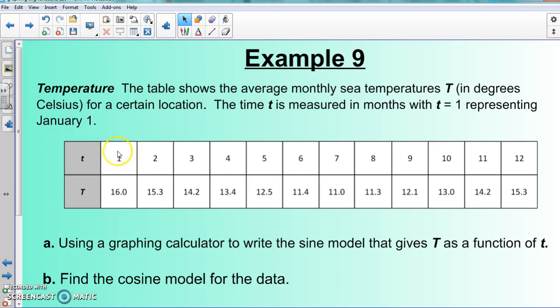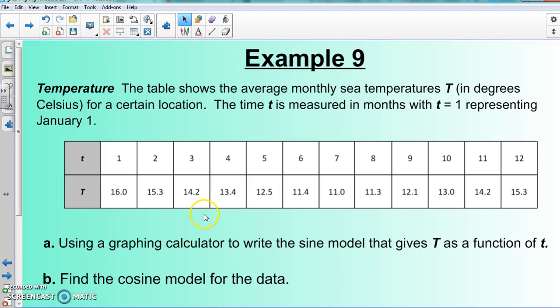So here, this is January, this is February, this is March, April, May, June, July, August, September, October, November, December. And how do we know that? Because it's the average monthly sea temperatures. So if this is January 1, like it says right here, that means this is February 1, this is March 1, April 1, May 1, June 1, and so on, all the way to December 1st. All right, so that's that part.